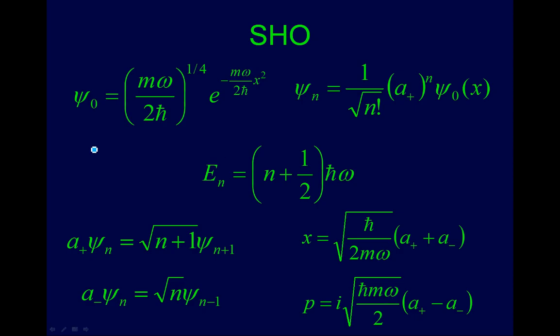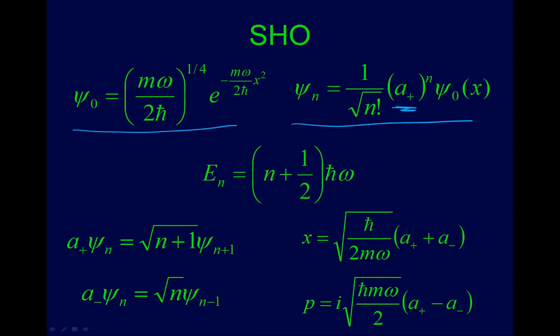Once we have this ground state, we can figure out any of the other ones. It's just a matter of attacking it with enough raising operators to bring it to the next level. In practice, this is a big pain, but in theory we can do it. Luckily people have done it for us, and you can find a list of these solutions in the book.